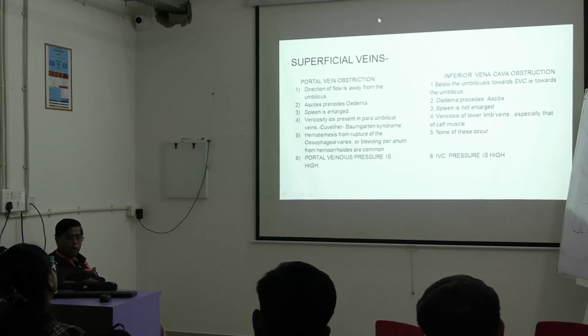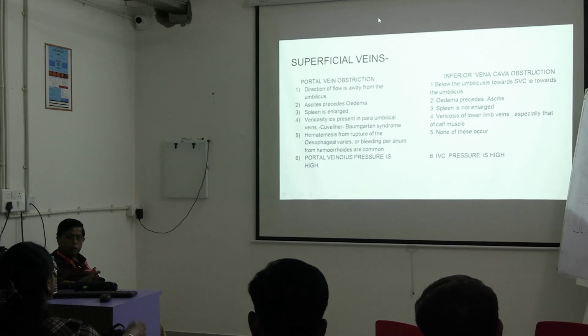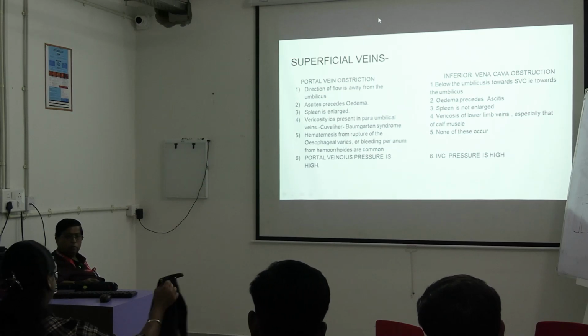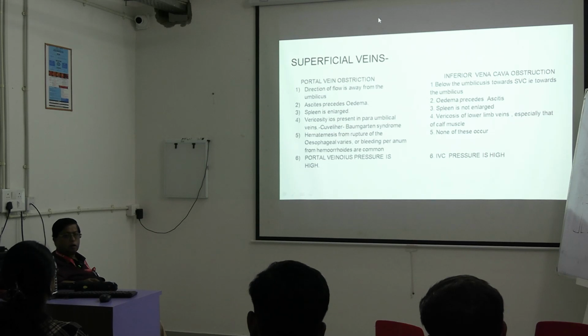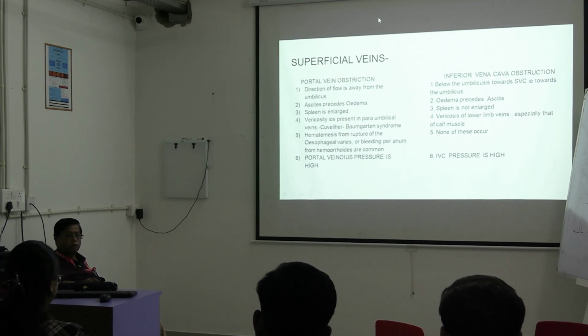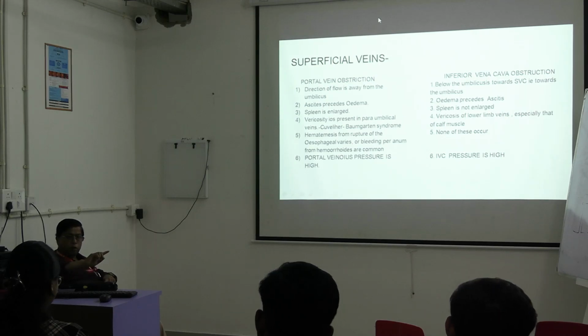So what will happen? Above the umbilicus, the flow is away from the umbilicus. But if you get any vein below the umbilicus, it will not be away from the umbilicus, it will be towards the umbilicus. If you get an engorged vein in the lumbar region, which you usually get in inferior vena cava obstruction, the filling will be towards the superior vena cava.